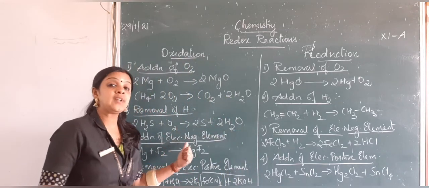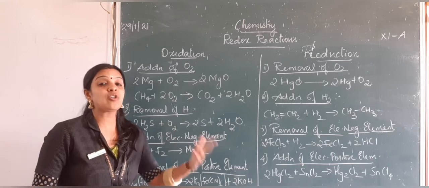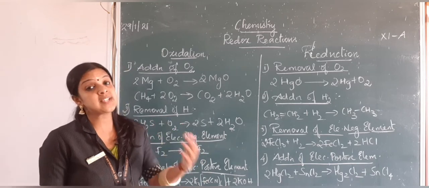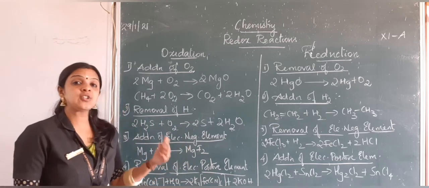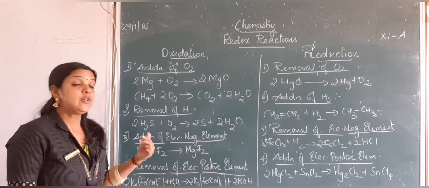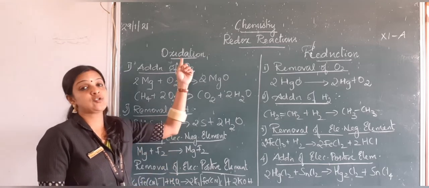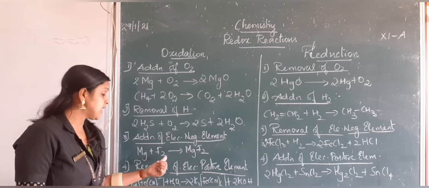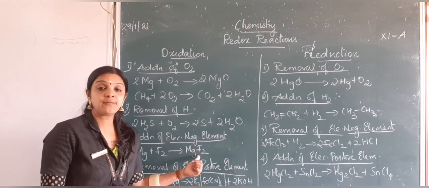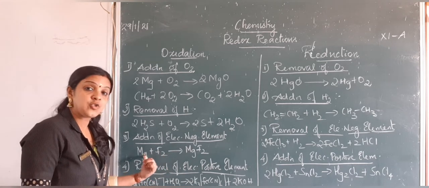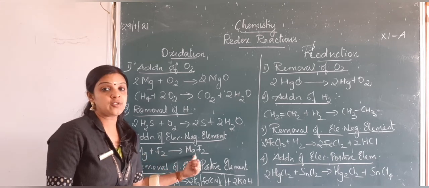So addition of electronegative elements like oxygen, it can be fluorine, it can be chlorine, it can be sulfur. Any addition of an electronegative element to an element or a compound will also make the process oxidation. So I would say magnesium plus fluorine gives magnesium fluoride. Fluorine being electronegative gets added to magnesium and forms magnesium fluoride.